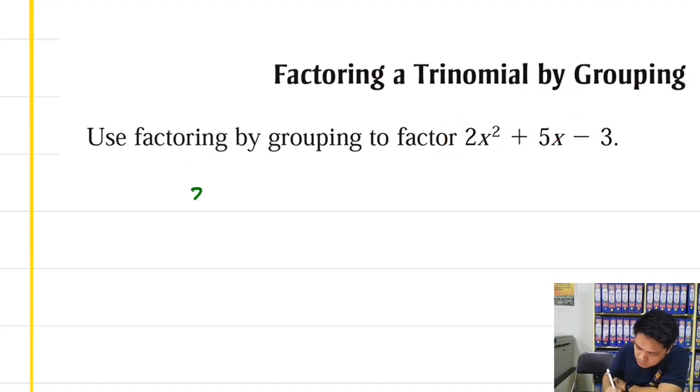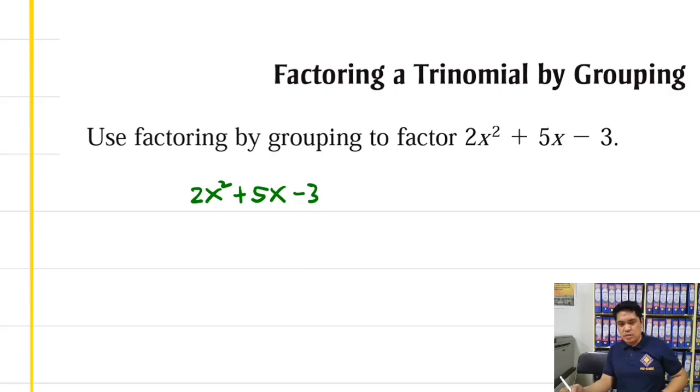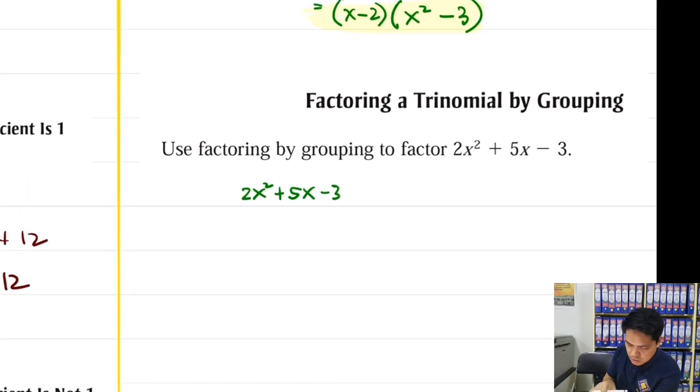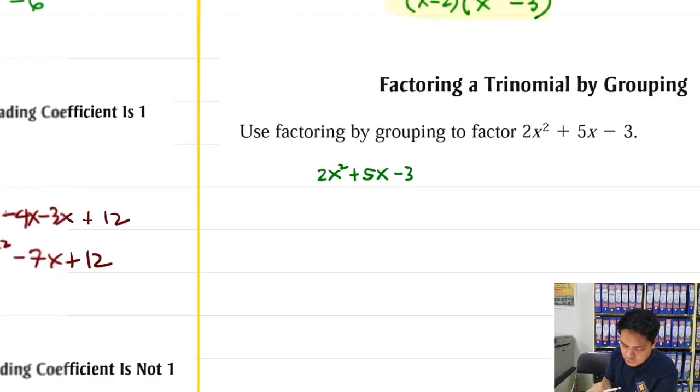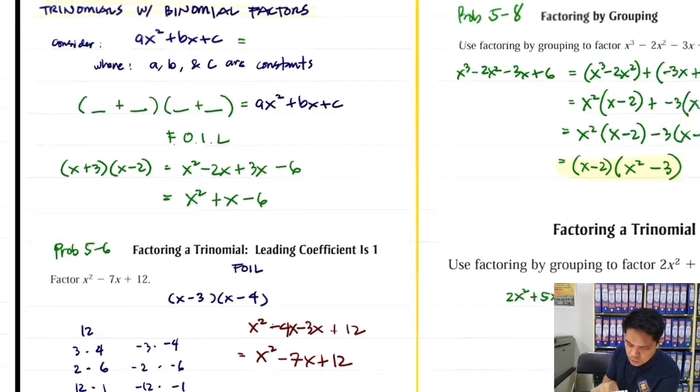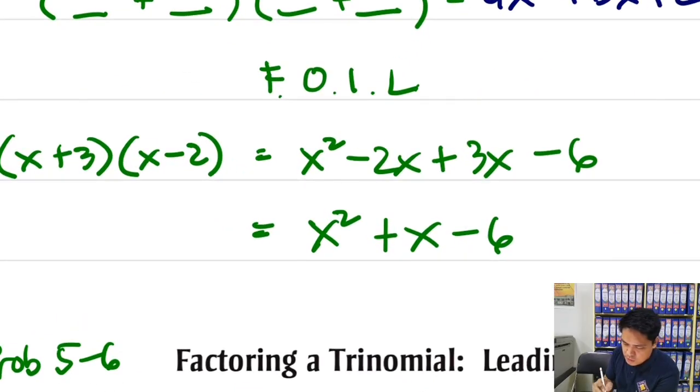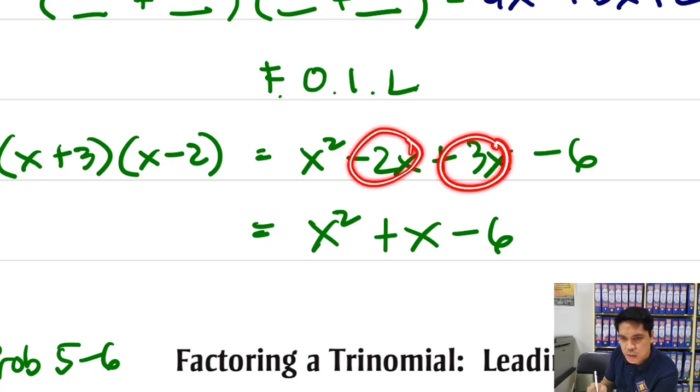Okay? So, we have 2x squared plus 5x minus 3. Ang tricky dito is, again, we need you to use trial and error. Pero if I have to solve for this, I think I would remember sa FOIL kasi, di ba? If we do FOIL, we started at this form, di ba? Na there are two middle terms na gi-combine, eto na siya.